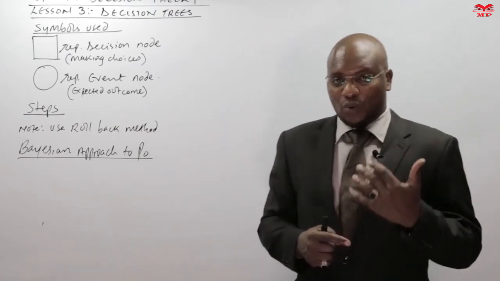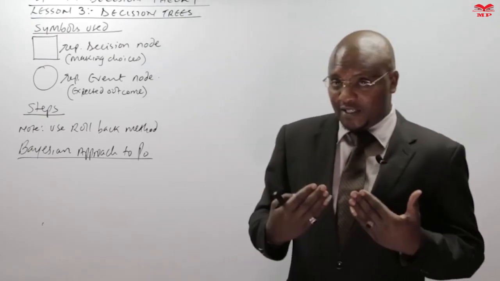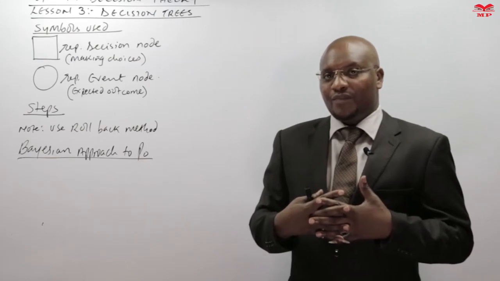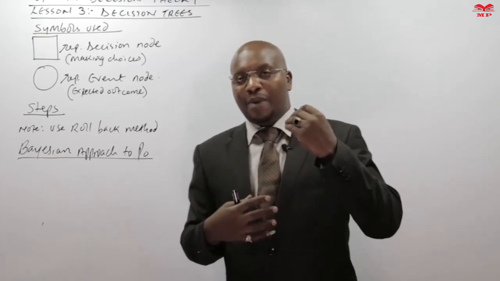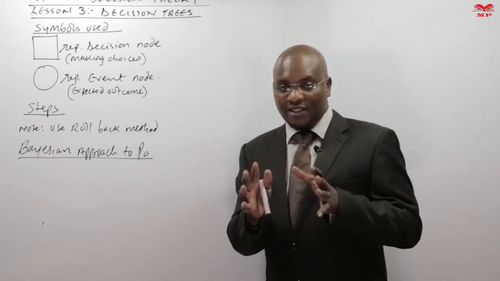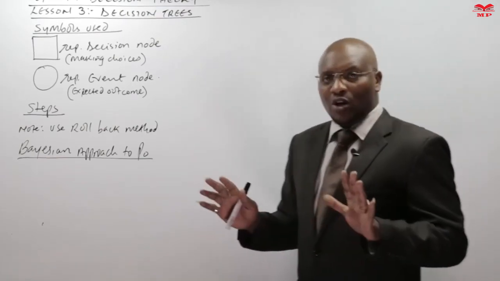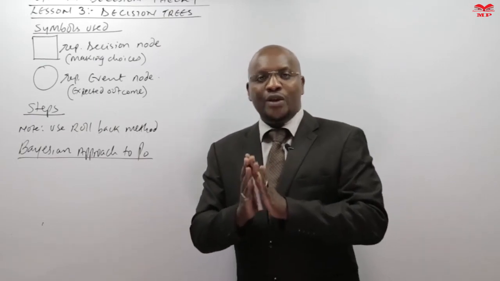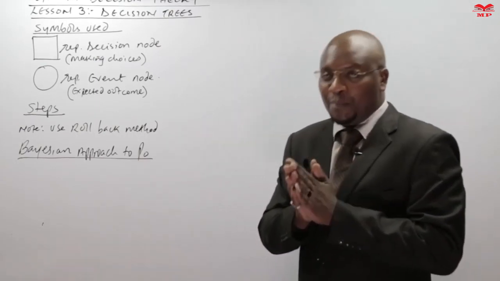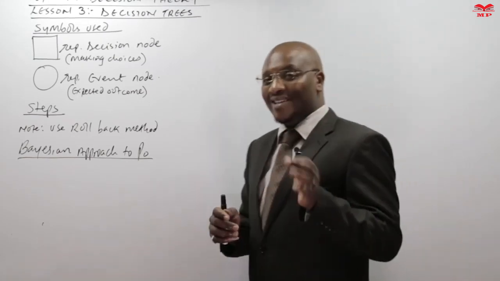Prior analysis is where we use our own subjective probabilities, our own estimates, our own past experience, to make decisions concerning such probabilities. Without borrowing information, without obtaining any further information, we just make our conclusions using our own estimated probabilities. We call that prior analysis.